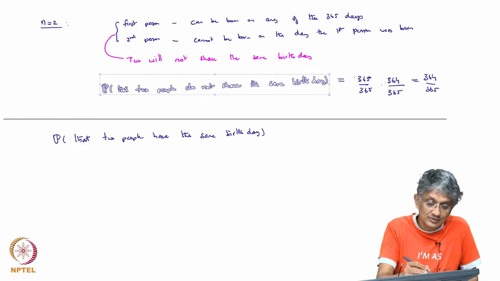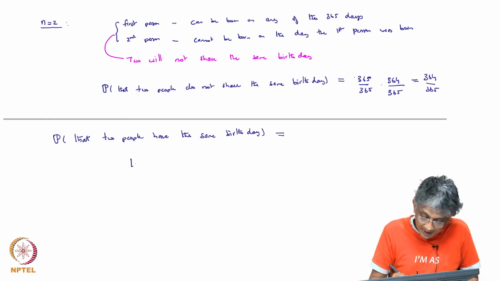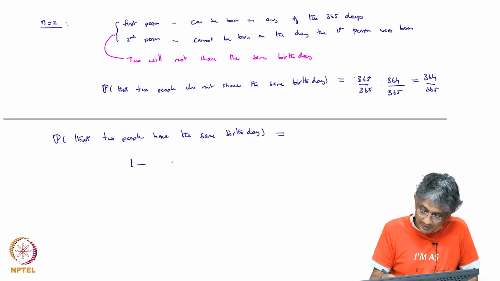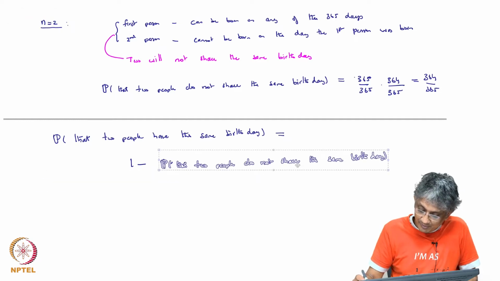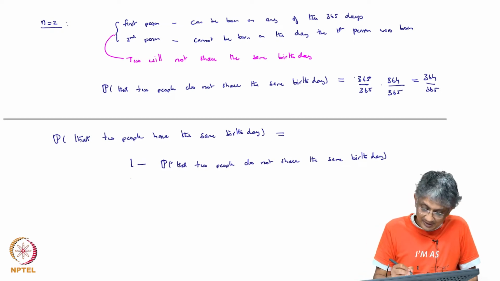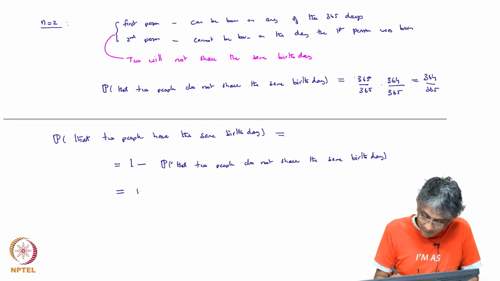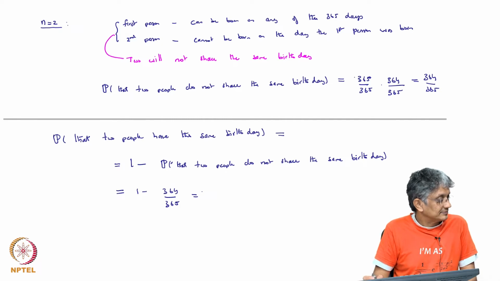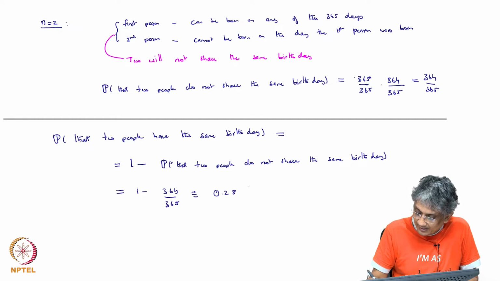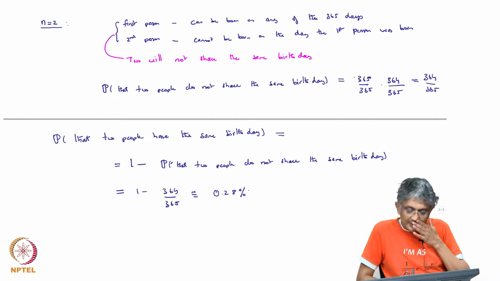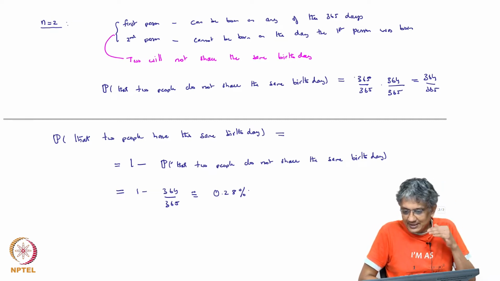So this is equal to 1 minus the probability that they do not share a birthday, which is 1 minus 364 by 365. That's the answer. If you do the calculation, it's about 0.28%. So it's a very small probability that two people will share the same birthday.